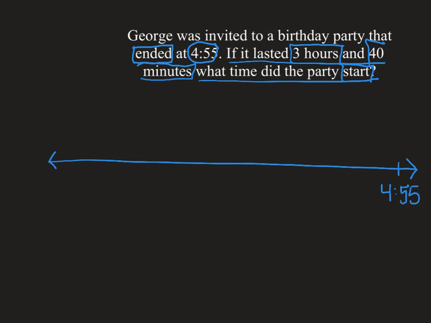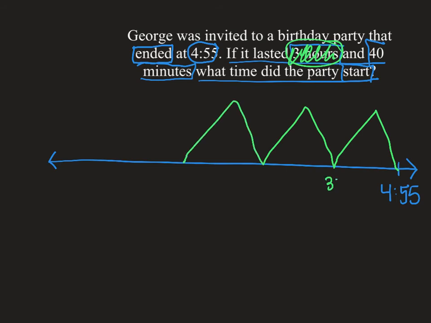Then I'm going to take my hours. It lasted 3 hours, so I'm going to do 3 mountains. So 1, 2, 3. Now, 4:55, and then it goes to 3:55, and then 2:55, and then 1:55, right?